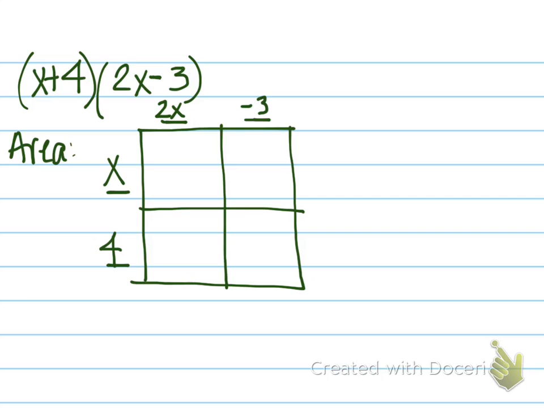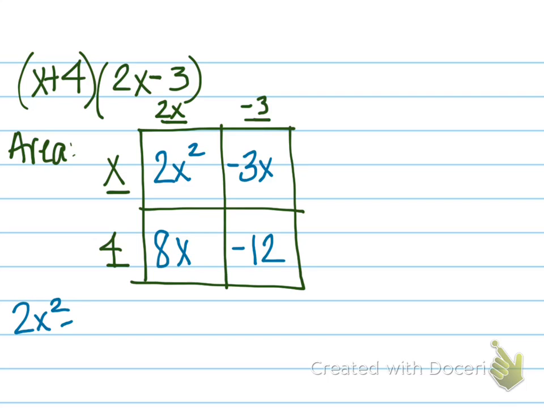Going through the multiplication, this is 2x squared, this is negative 3x, this is 8x, and this is negative 12. Putting it all together, I have 2x squared minus 3x plus 8x minus 12.